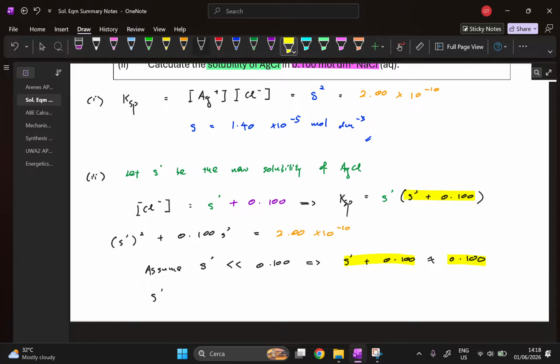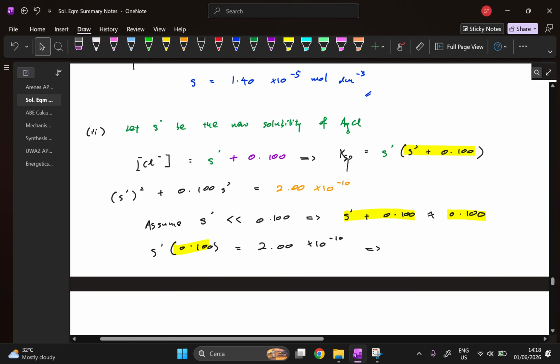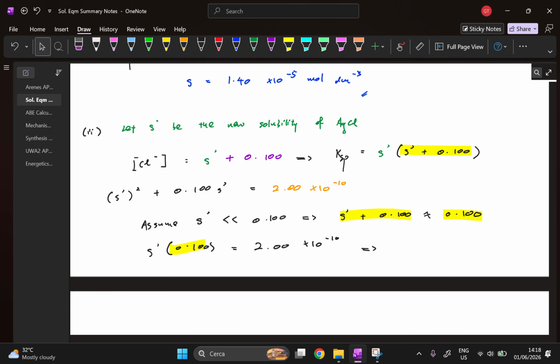So I can write this as simply 0.100 times S prime equals my KSP. And then after that, solve lah. But personally, I don't like to do this. The reason why I'm showing you this method in the first place in the video is because this method of assuming will become very, very important when doing calculations in the next topic on acid-base equilibria.